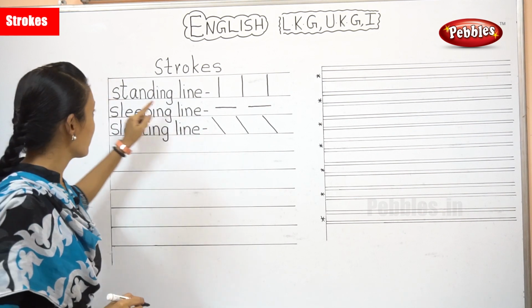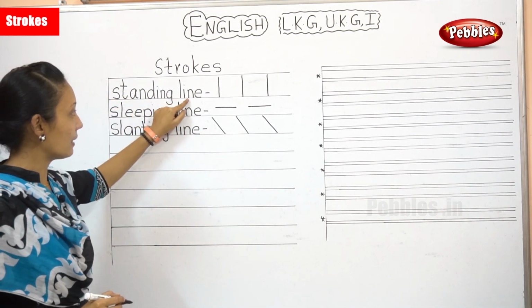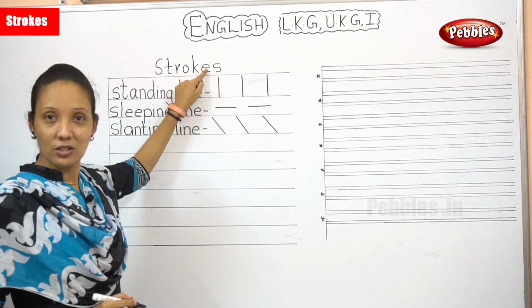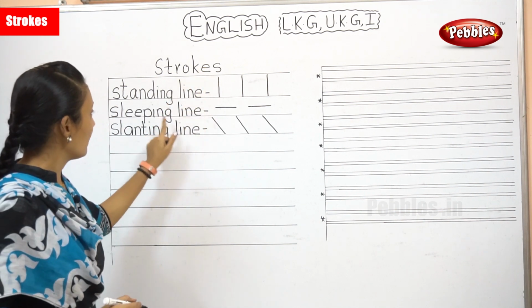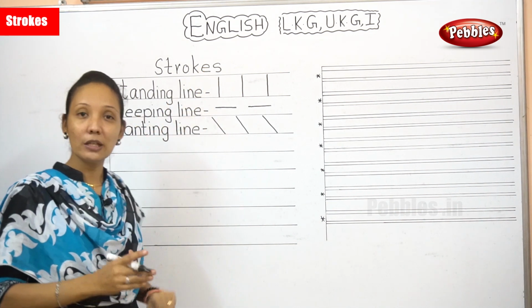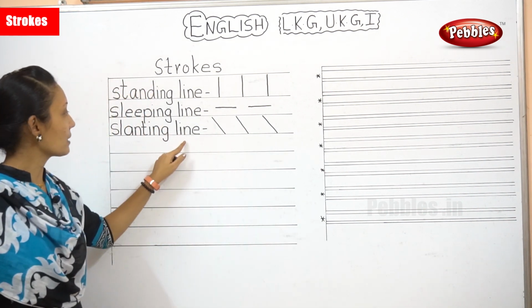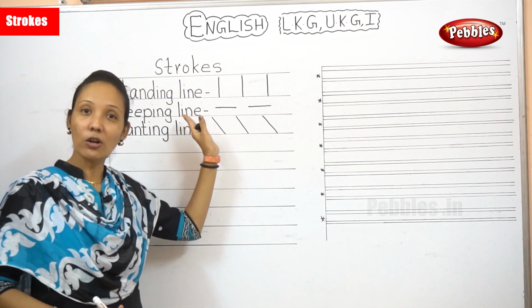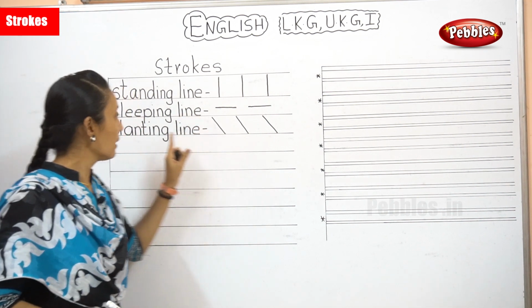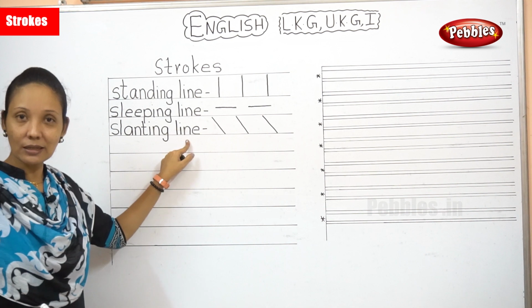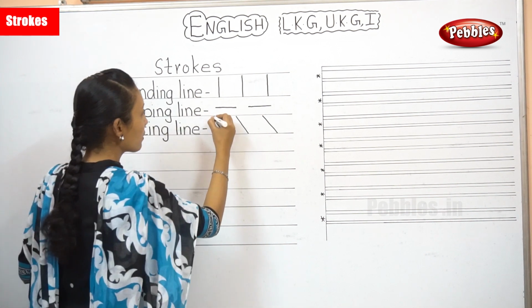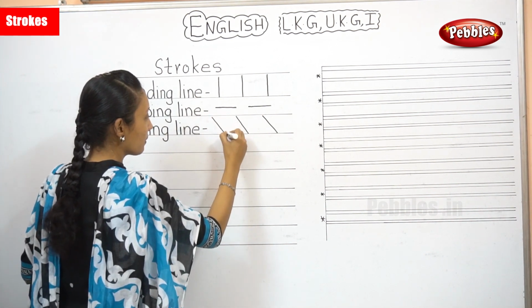Okay children, so first again I will tell you, standing line, your line will be straight. Now next one, sleeping line, it will be in your sleeping position. Next one, slanting line, your lines are on a slant. Okay, now next we have one more slanting line. Now this one, we have written from this side, isn't it?